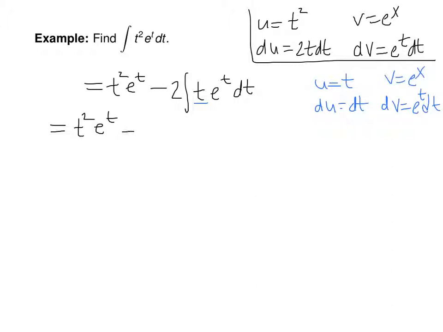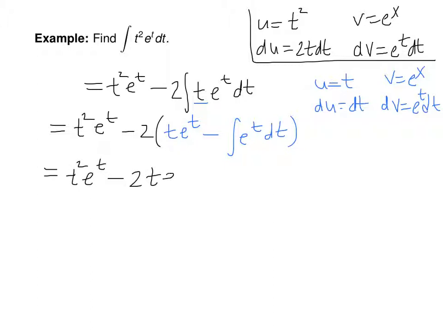So then we'll have minus 2 times the quantity uv, so t e to the t, minus the integral of v du, so e to the t dt. And the antiderivative of e to the t is just e to the t, so we end up with t squared e to the t minus 2t e to the t plus 2 e to the t plus c.